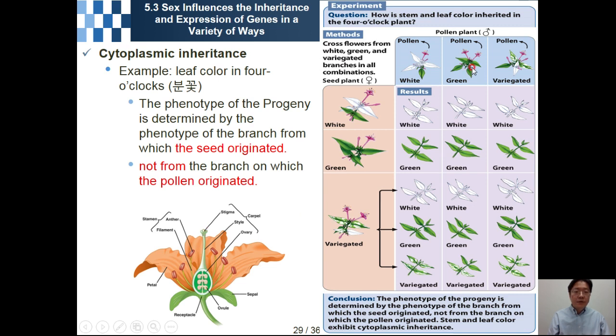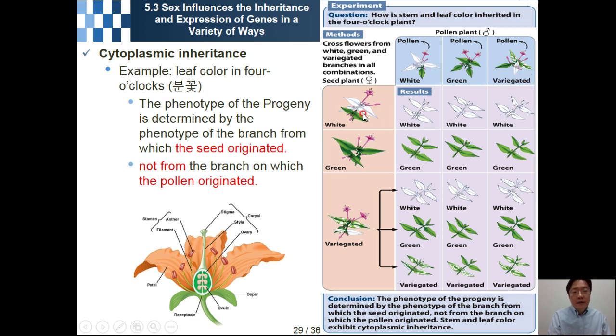Okay, so they did crosses. In the male pollen plant, one branch shows white leaves, one plant shows a green branch with green leaves, and one shows variegated leaves, where some parts are green and some are white, like this.